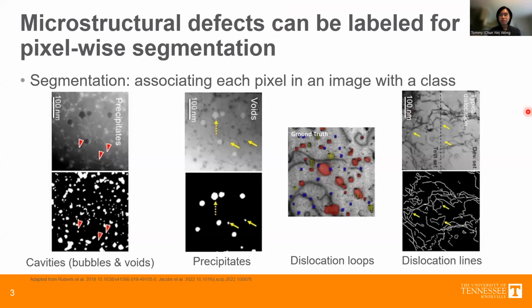For example, in these images, there are different kinds of defects that you might observe in a TEM or STEM image: cavities of all sorts, bubbles and voids. You can also identify precipitates, and there are dislocation loops, for example, or different dislocation lines, and all these sorts of defects can be identified automatically using various architectures of convolutional neural networks or deep convolutional neural networks.